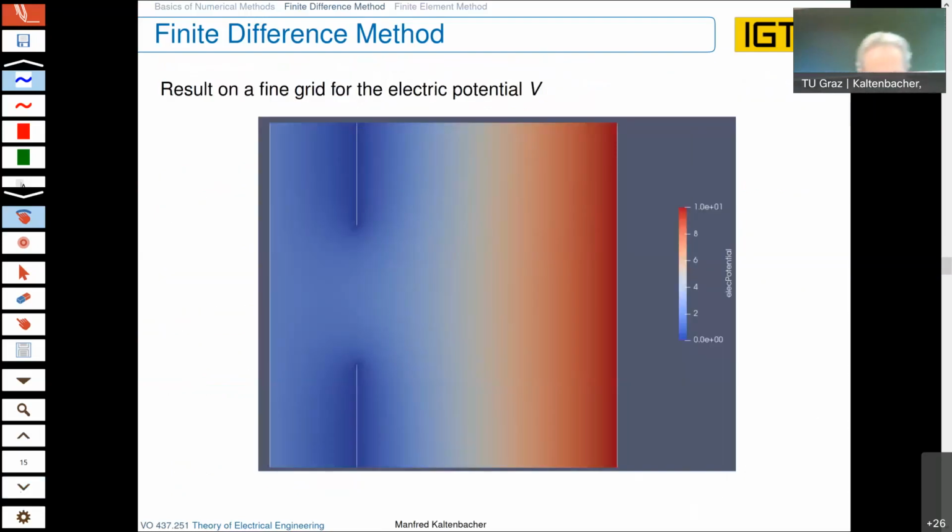So this is the solution, what you see here, of a very fine computational grid. It is the electric scalar potential between 0 and 10. 10 was along this line here. 0, be careful, was this line here.